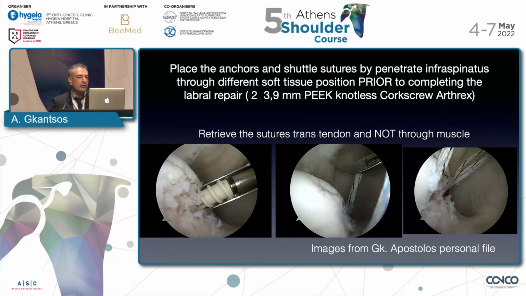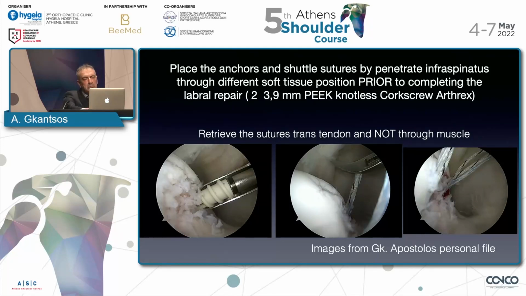We place the anchors, with sutures, penetrating the infraspinatus by different soft tissue positions prior to completing the labral repair, because it's dangerous to perform the labral repair first for 2 reasons. One, we don't see very well, and second, because you already performed your standard labral repair and you don't want to pound or hit or put your labral repair in danger.